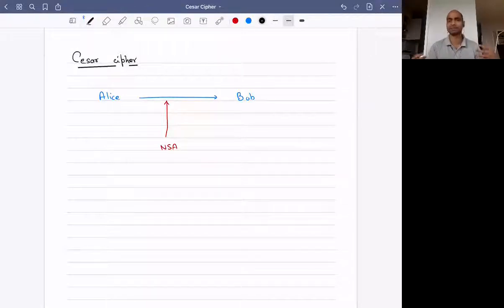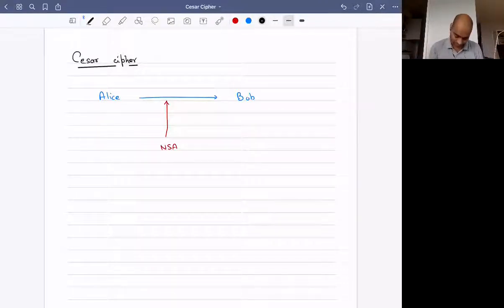Okay? What Alice is going to do is she's going to encrypt her message and then send it to Bob, and Bob is going to decrypt it so that even if the NSA sees the encrypted message, they won't be able to decrypt it without knowing the decryption process.